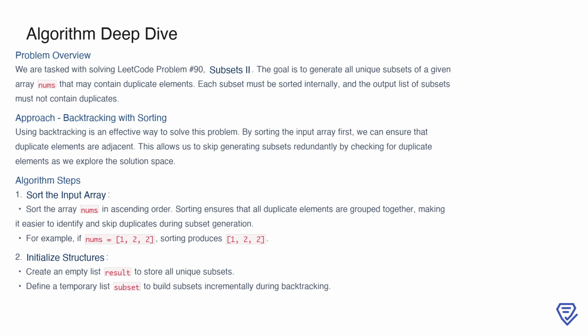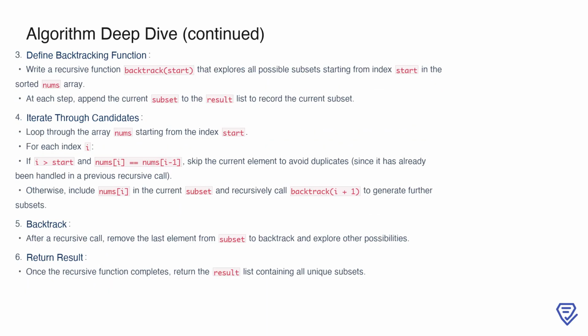These steps lay the foundation for our algorithm. The core of the solution lies in defining a recursive backtracking function. This function, backtrack(start), begins exploring subsets from a given index in the array. At each step, we add the current subset to the result list to record it. To generate new subsets, we iterate through the array starting from the current index.